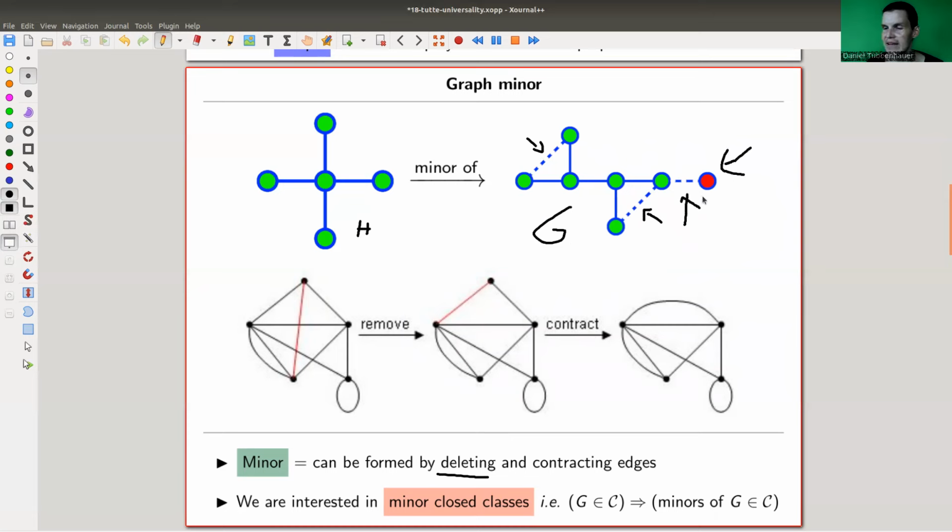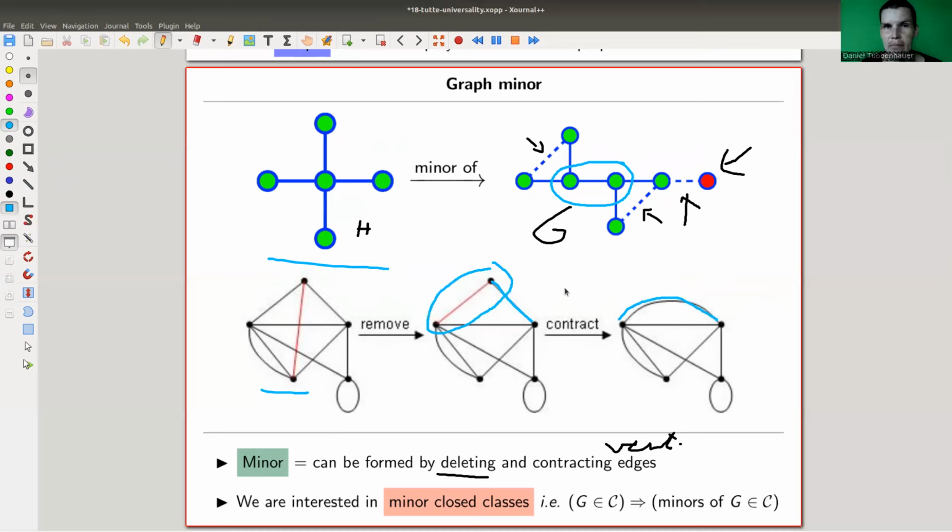So I can delete edges and vertices. And I can also contract edges. I can contract along this edge, and I get this graph H. Here's another one. I can remove this edge here, and then I can contract along this edge, and this edge here will become this edge here because I'm identifying those two vertices.